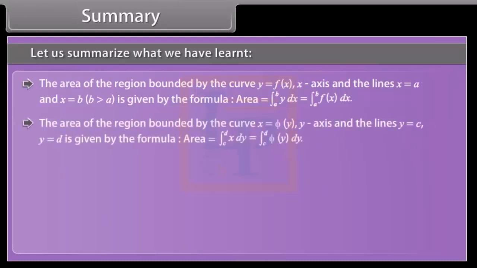The area of the region bound by the curve x is equal to phi of y, the y-axis, and the lines y equals c, y equals d is given by the formula area is equal to the integral from c to d of x with respect to y, which equals the integral from c to d of phi of y with respect to y.